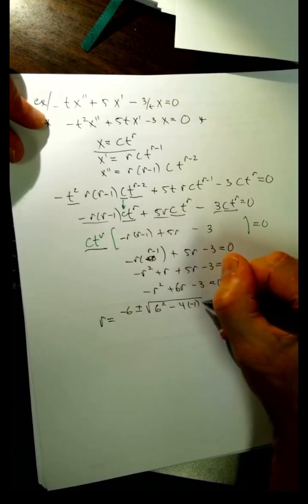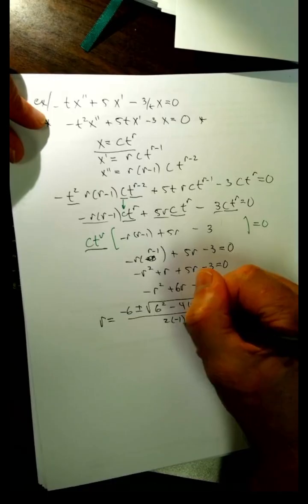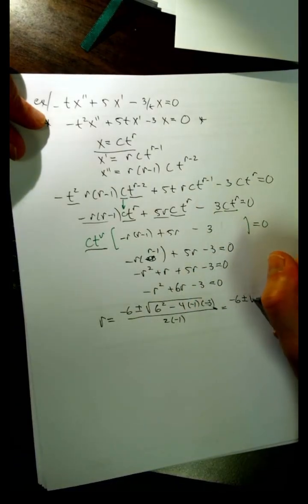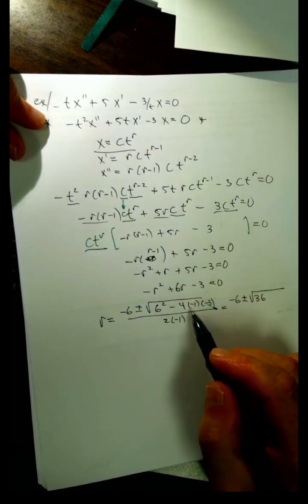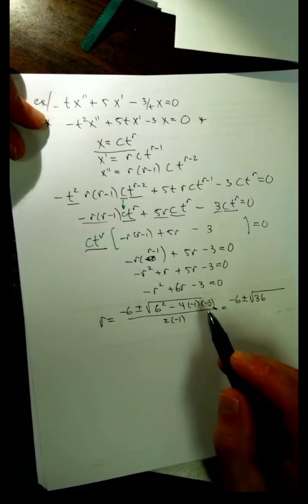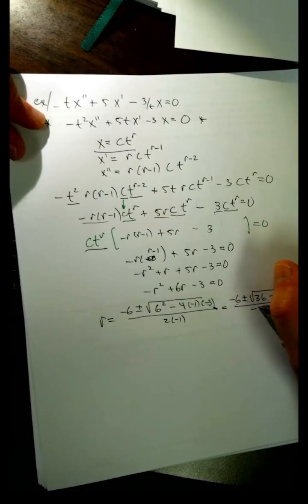A is minus 1. C is minus 3. All over 2 times my a, which is minus 1. So let's clean that up. 6 squared becomes 36. Is that correct? Yes, that becomes minus minus minus is minus 4 times 3, so I get minus 12, all over minus 2.